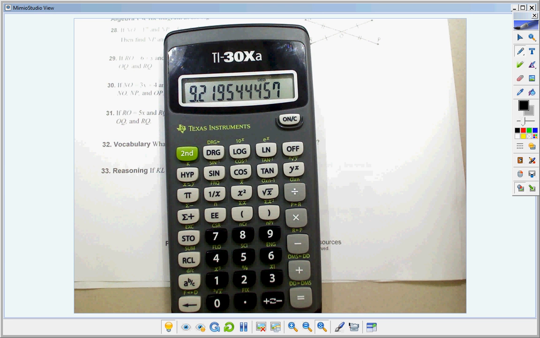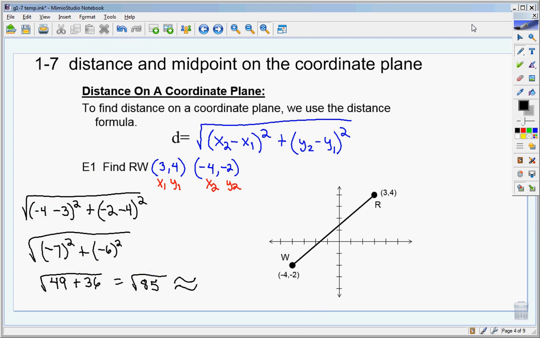If I had to round this to the nearest hundredth, what would I round it to? 9.22. It came up to 9.2195, and we're going to round that to 9.22, and it's approximately equal to.